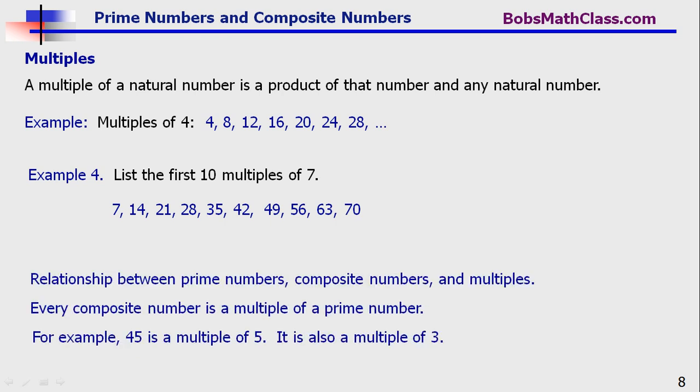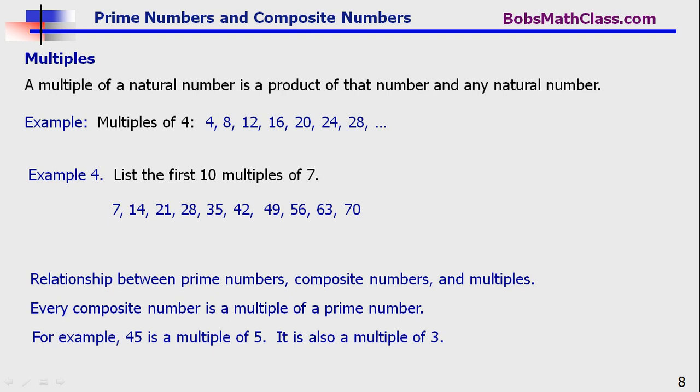Now, the reason I brought up multiples here is I just wanted to mention that there's a relationship between prime numbers, composite numbers, and multiples. And that is, every composite number is a multiple of a prime number. So like the prime number here that we're talking about is 7. 7 is a prime number.